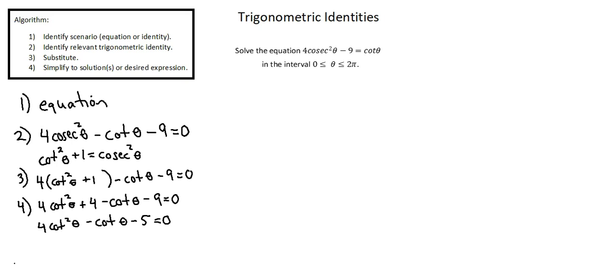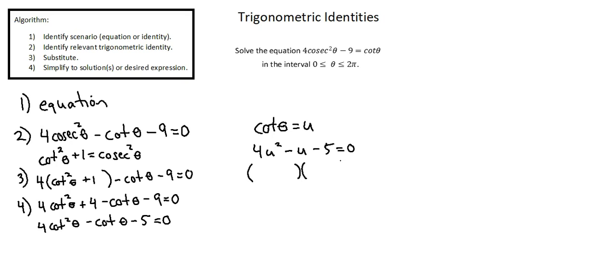If you like, you can use a substitution, not required, but in this case we will show a substitution. We're going to substitute cotangent theta with the variable u, and I'll set my equation as 4u squared minus u minus 5 equals 0.